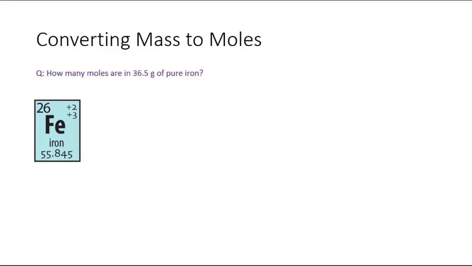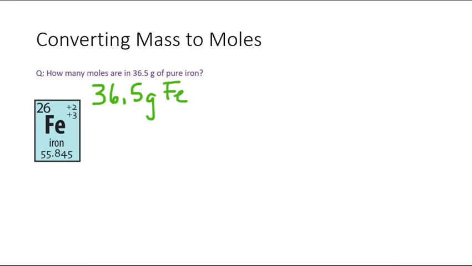Now we want to flip the calculation around and start with the mass and convert that back to moles. So if we want to determine the number of moles of elemental iron in 36.5 grams of iron, we set up the calculation by writing out 36.5 grams. We note the conversion factor from grams to moles, and we'll multiply through.